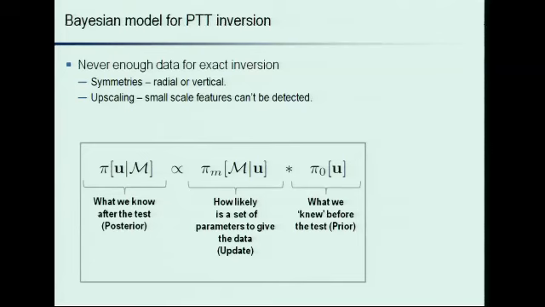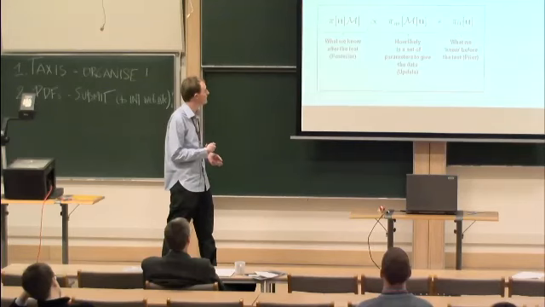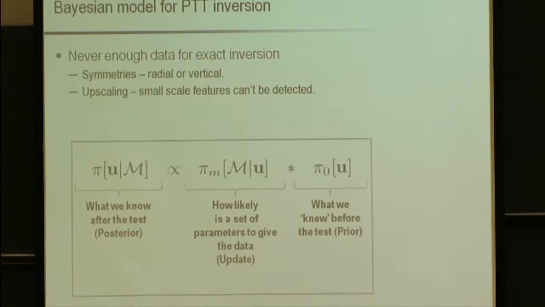Because we're going to have this significant uncertainty, we're forced to go down a Bayesian framework and talk about prior modelling to sort out some of these uncertainties that we know we're going to have. This is the standard Bayes theorem that we've seen in every other Bayes talk: what we know after the test, the posterior, is simply the product of what we knew before the test, the prior, and how likely we were to get the measurements that we got given a particular set of parameters.